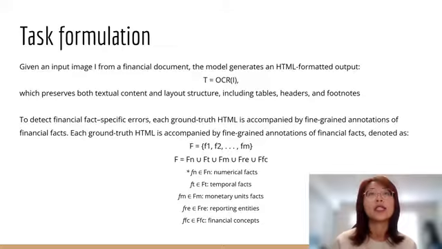We annotate each ground truth with our annotations in 5 different financial fact types. I will explain those one by one in the annotation part, but here the 5 types are numerical facts, temporal facts, which stand for time, monetary value facts, reporting entities, and financial concepts. So for each ground truth HTML, we have those 5 types of financial facts annotated.